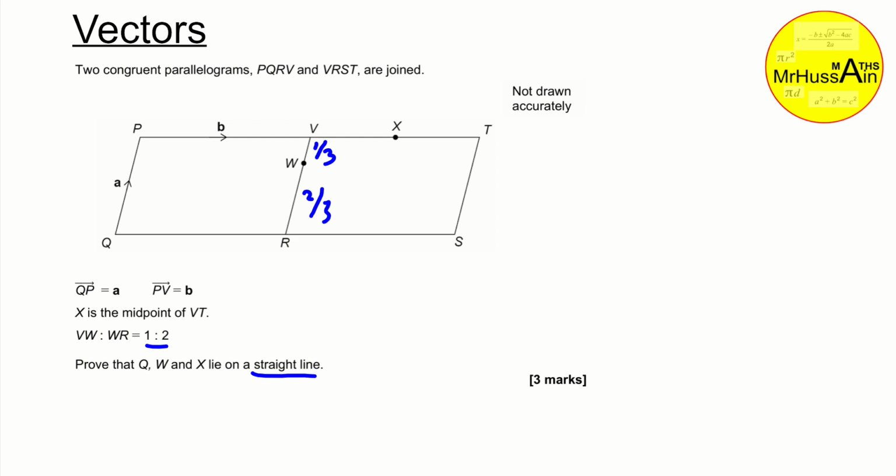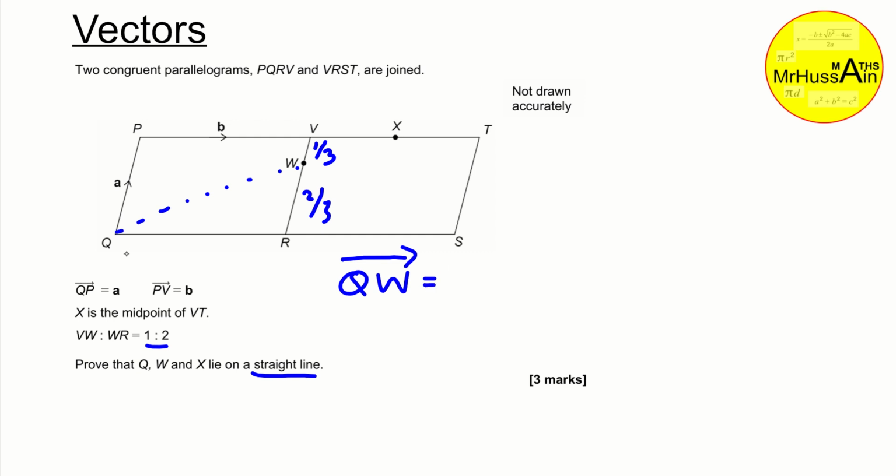Alright, so we need to prove Q, W, X lies on the same line. The first thing we're going to do is work out this vector here, QW.